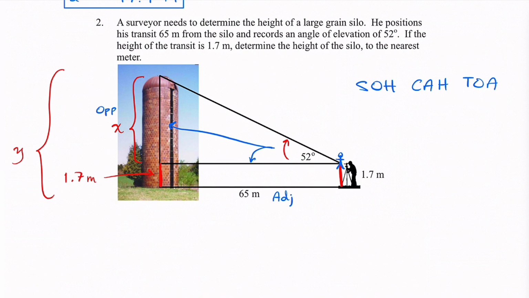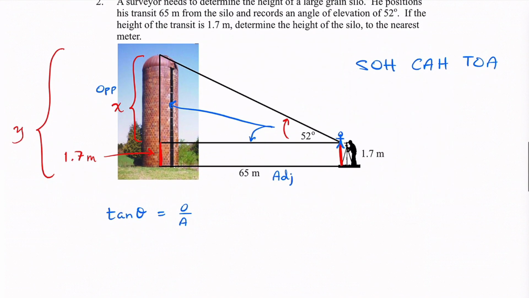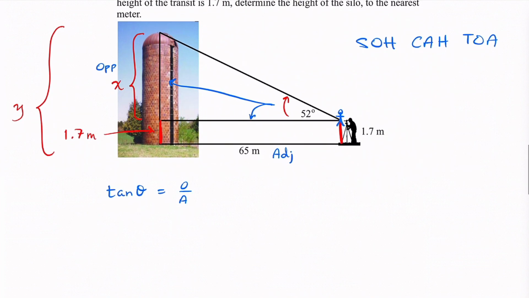So I'm going to use the tangent ratio. So I got tan theta is O over A, and then I'm going to fill it in. So it was tan of theta, which was 52 degrees. Opposite we called x, and then the adjacent was 65.